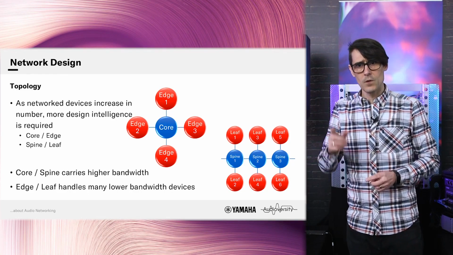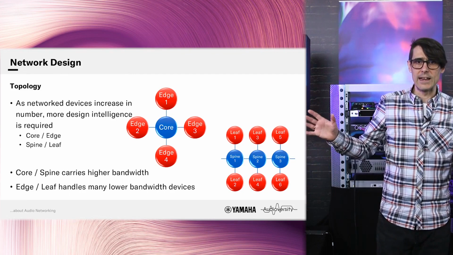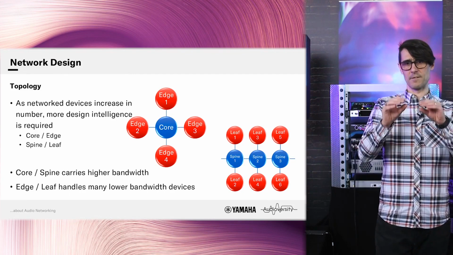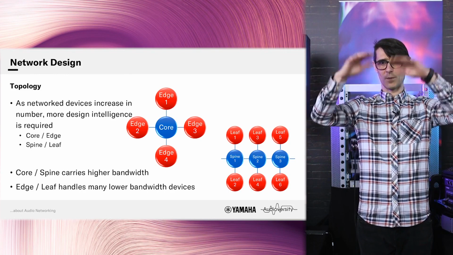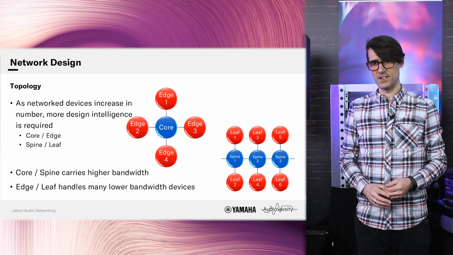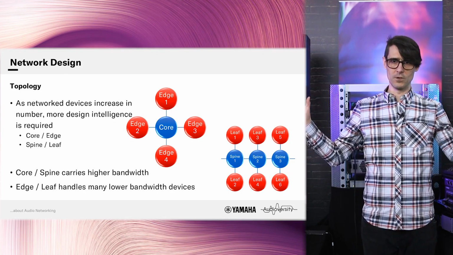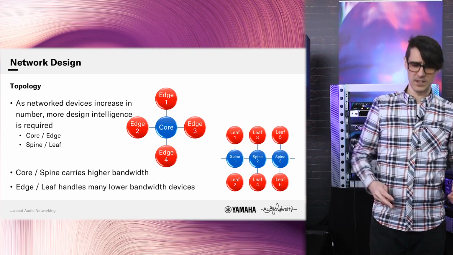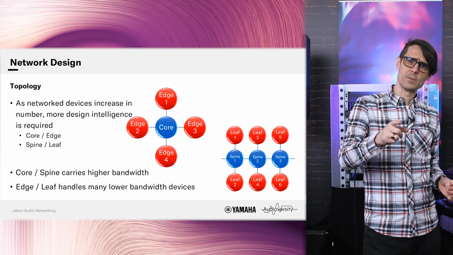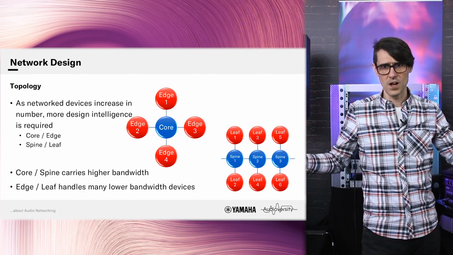Or you might hear people talk about spine leaf configurations, where you have several core switches arranged in a spine and then leafs coming off the spine, which are like your edge switches where all your devices are connected. So a couple of different ways, but they would typically be used in much larger networks.